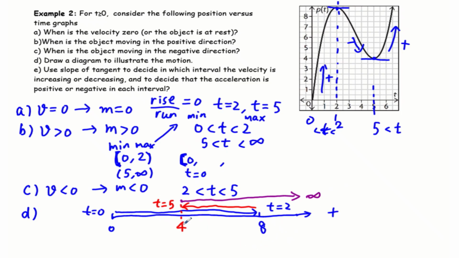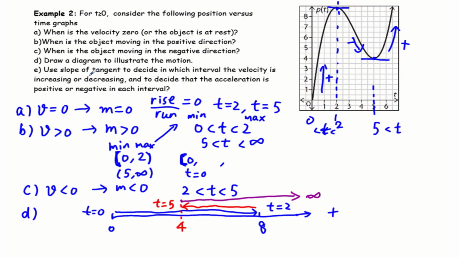Okay, so this is how you draw a diagram to illustrate the motion. It goes in the positive direction first, then moves backward, then goes forward again. So this is question D.